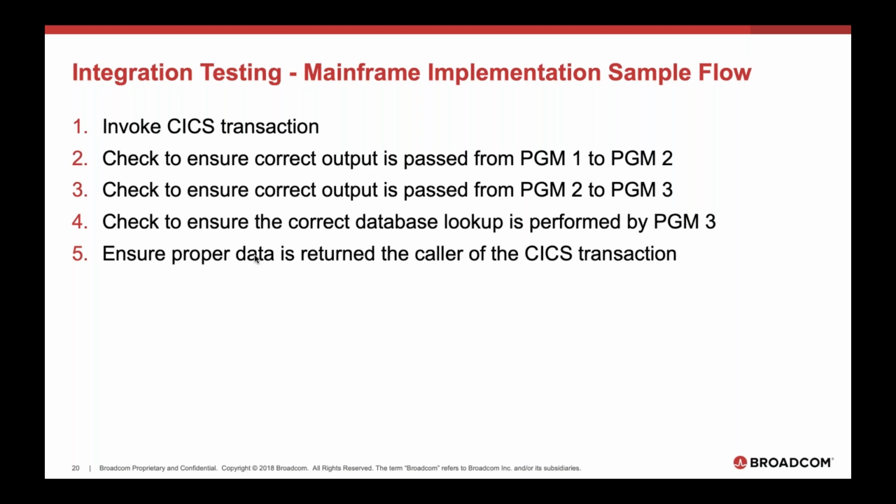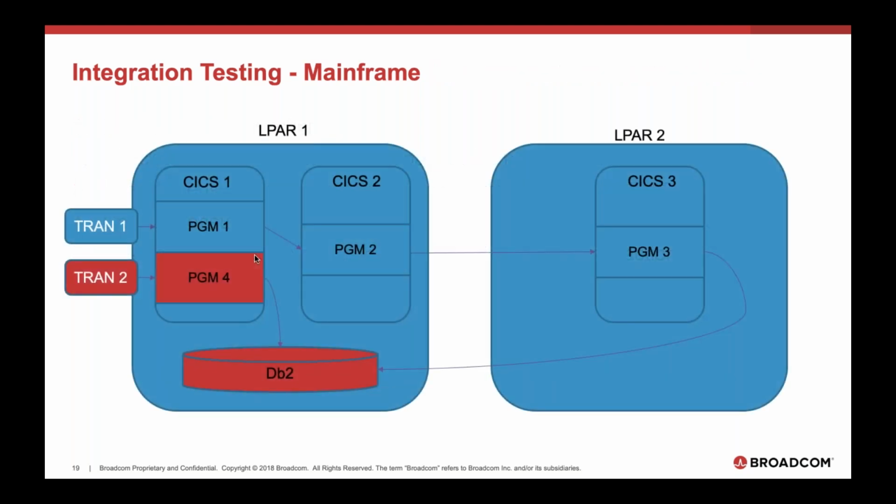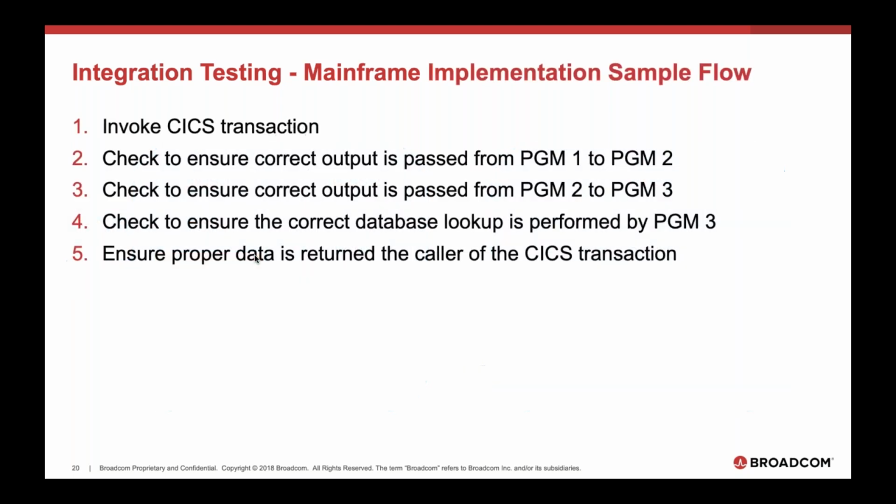And finally, make sure that the proper data is returned to the caller of the CICS transaction. So that's an integration test sample flow for the sequence we saw with transaction 1. Obviously, for transaction 2, it would be a lot simpler.